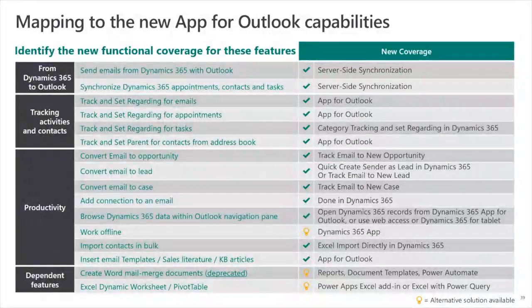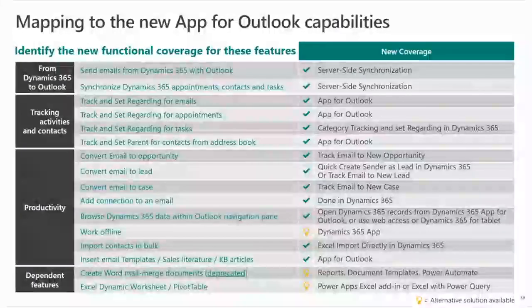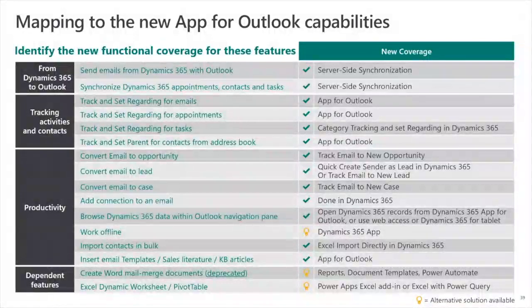In order to browse Dynamics 365 data within the Outlook navigation pane, you just have to open Dynamics 365 records from the Dynamics 365 app for Outlook, or you can use the web access or Dynamics 365 for tablet to browse the records. But you can browse data in Dynamics 365 right from the app for Outlook.